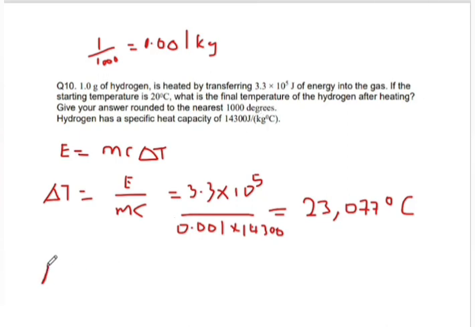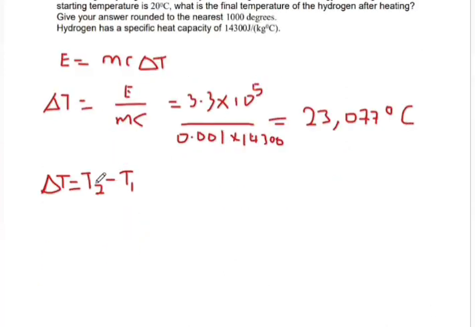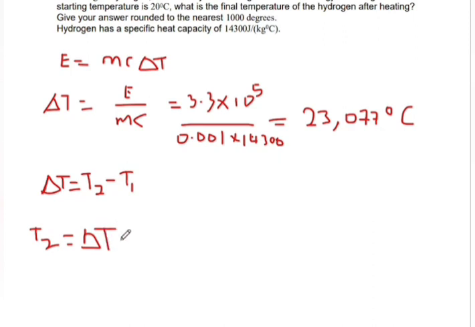Now we know that change in temperature is equal to T2 minus T1. So here we are going to make T2 the subject of the formula. So T2 is going to be delta theta plus T1. So we'll plug in the values. T2 is equal to 23,077 plus T1, which is 20 degrees.